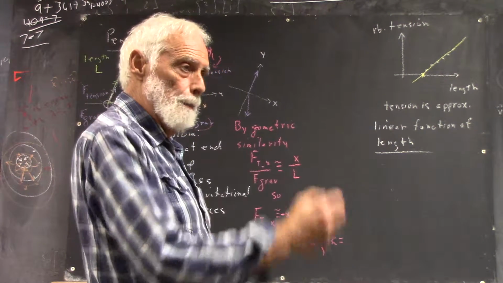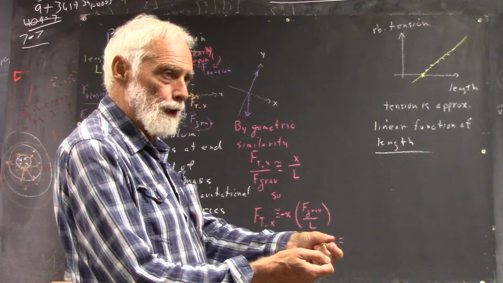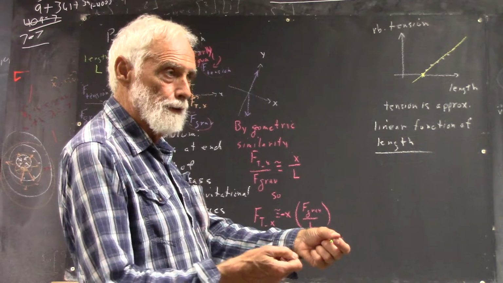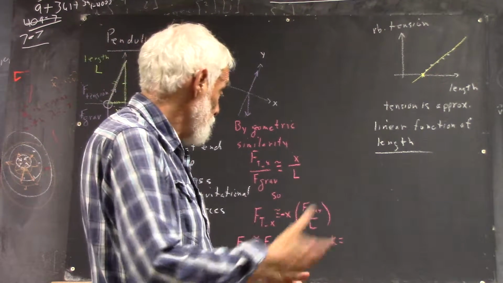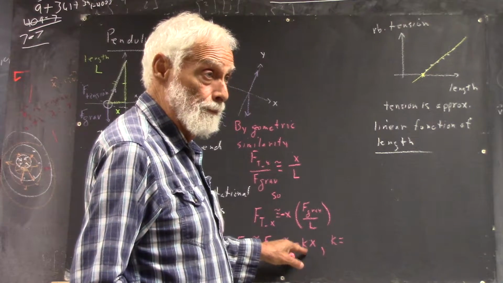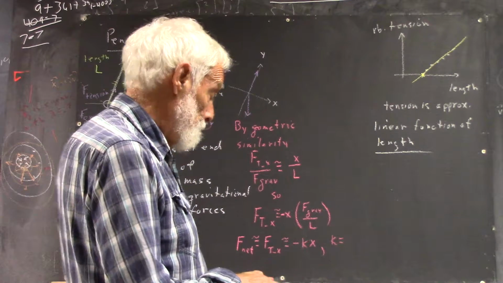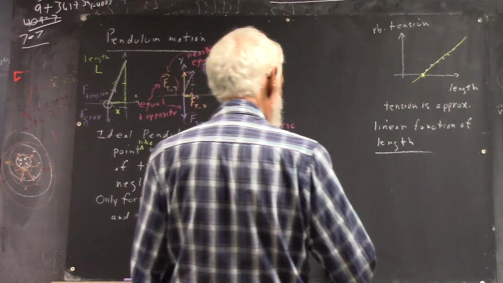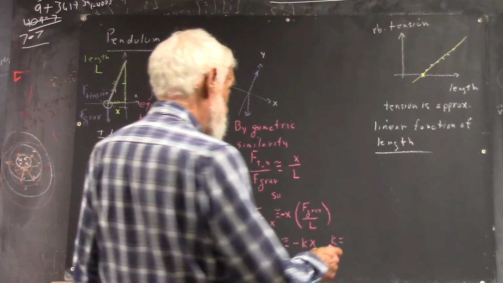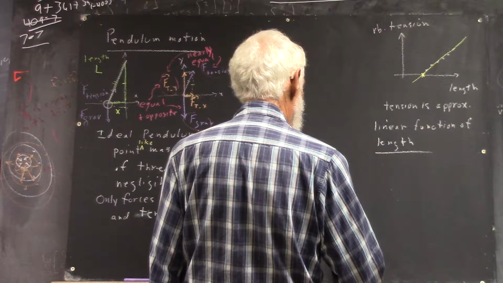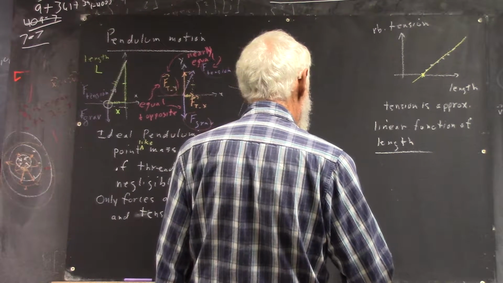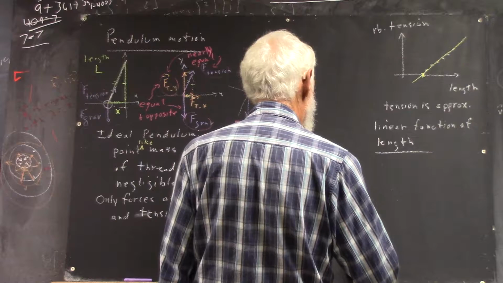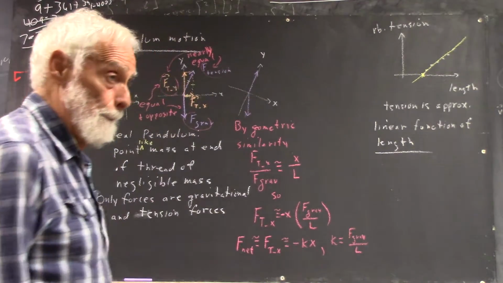All you have to do is hang a pendulum and then see how much force it takes to pull it back this distance or this distance or this distance. Make a graph and look at the slope. That's going to be k. So I'm going to simplify this by calling this k something we can measure directly. But that k will be gravitational force over L.